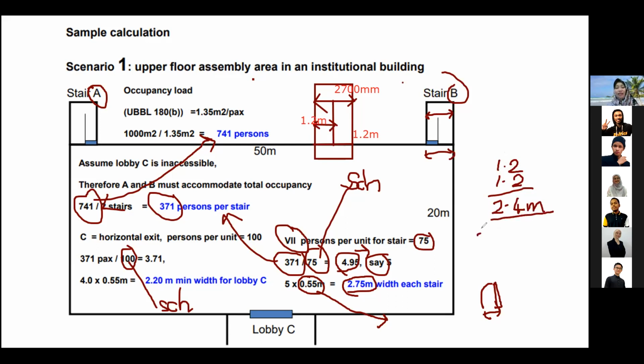Okay. So 2.7 you divide, minus 2.4. So you need to have 300. Is it 100 mm, right? 300. Yes. Okay, 300 mm inclusive of the wall here. Back. Undo.